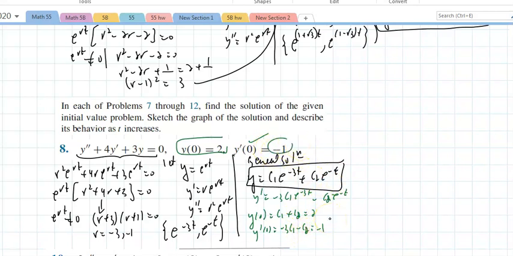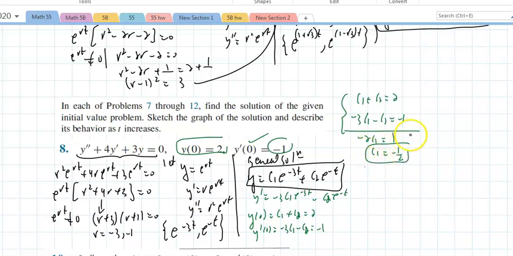So I'm trying to solve this system of equations. I'm trying to solve c1 plus c2 equal 2 and negative 3c1 minus c2 equal negative 1. If I add those, I'll get negative 2c1 equal 1. c1 is negative 1/2.